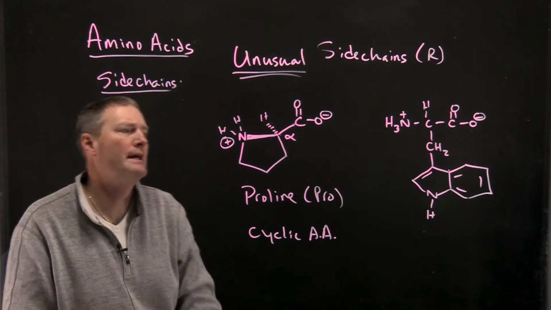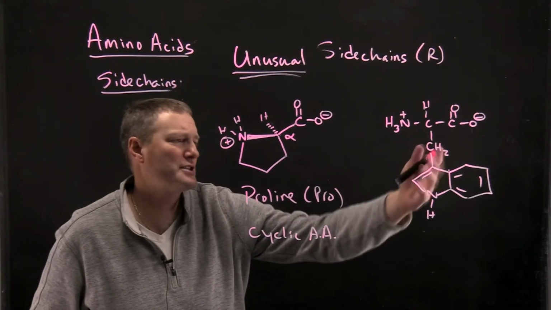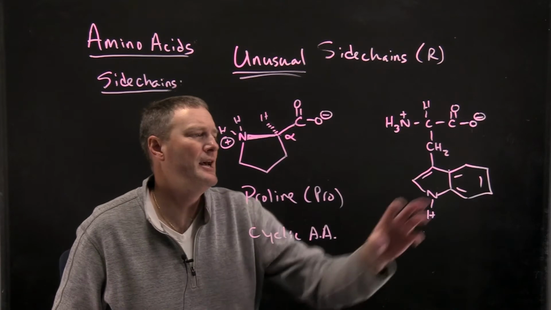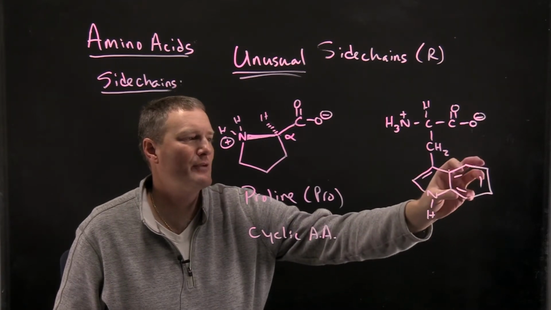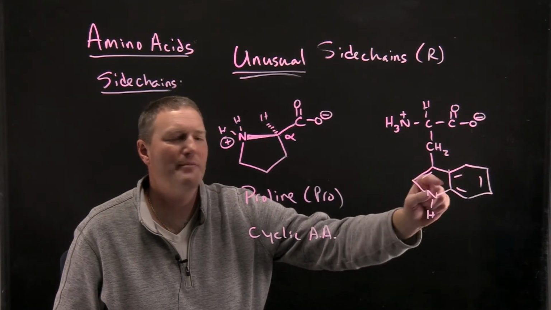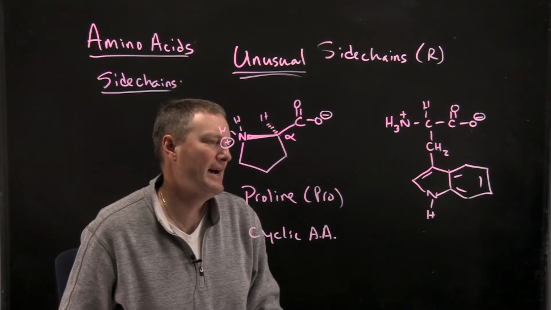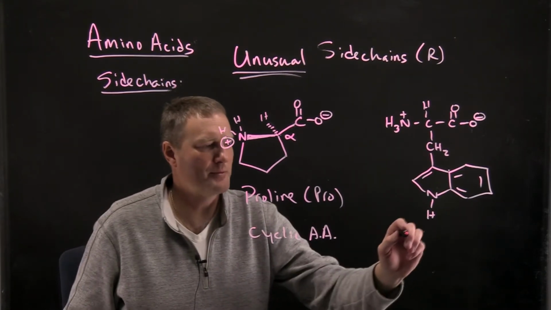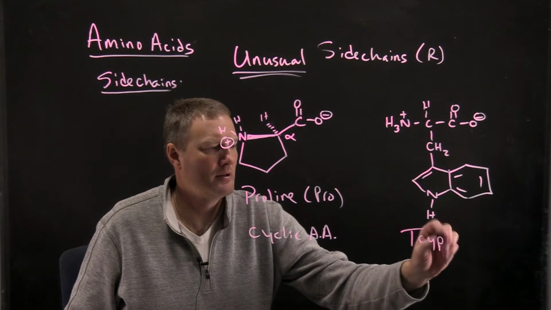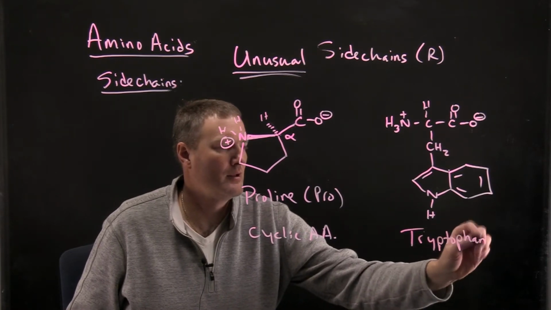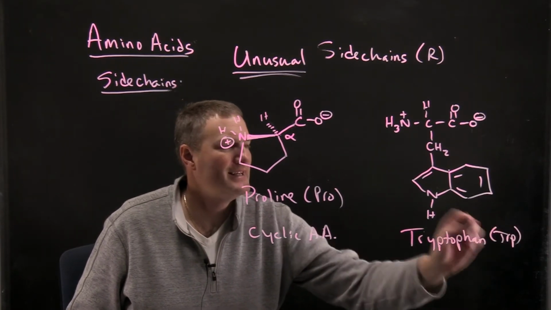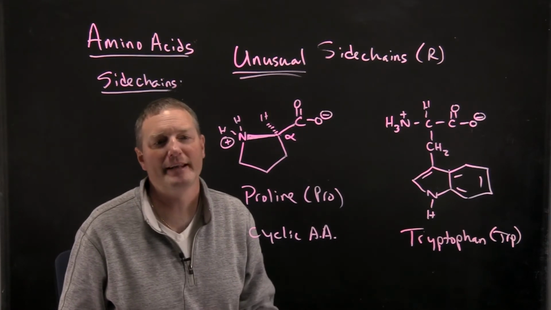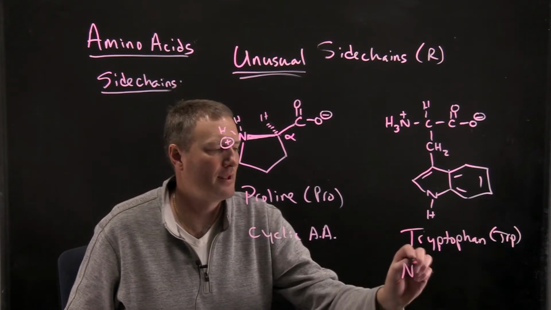The last one has a side chain that looks kind of like some of the other ones we've seen, but you'll notice now it's got a benzene ring, but it also has this 5-membered nitrogenous ring. This is the amino acid called tryptophan, or TRP. Technically, this really is a fairly non-polar amino acid.